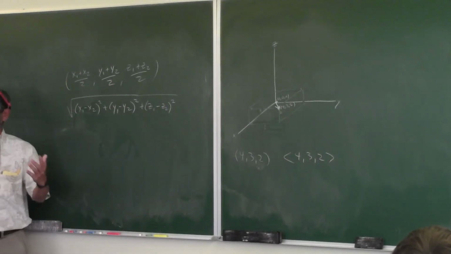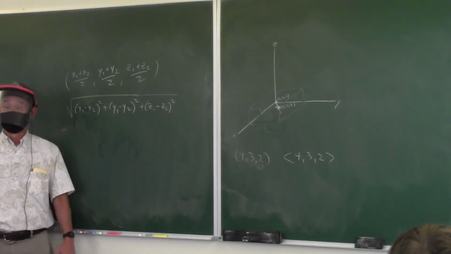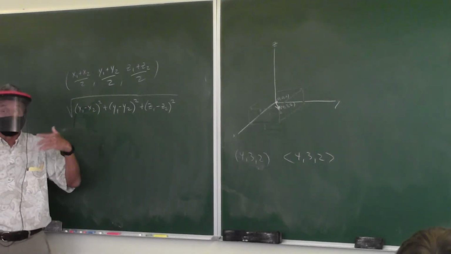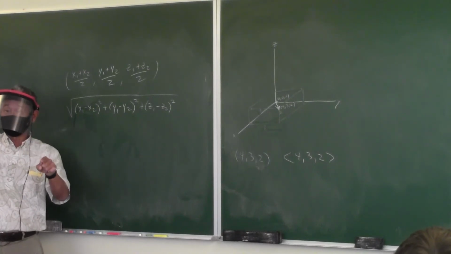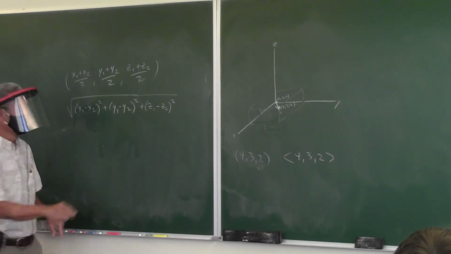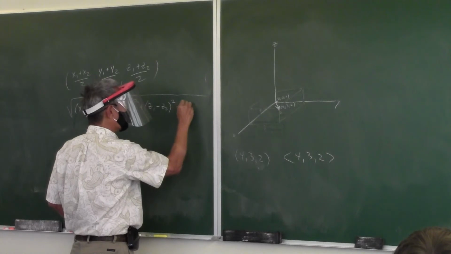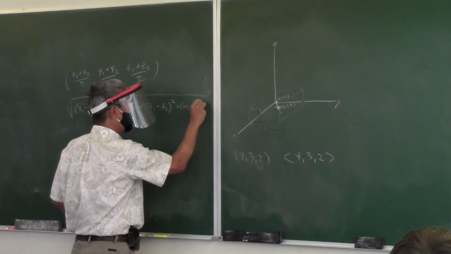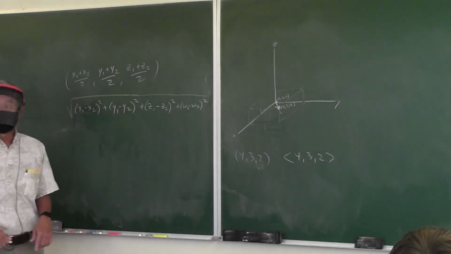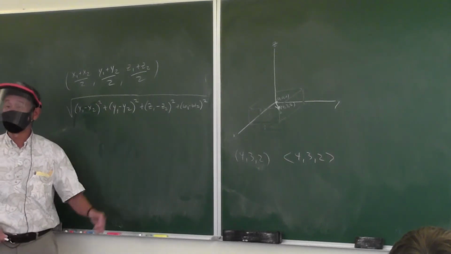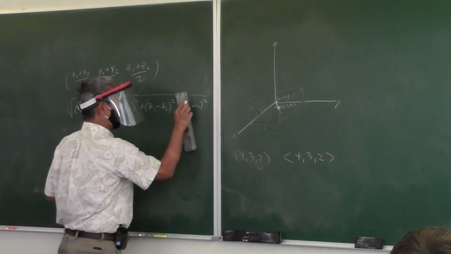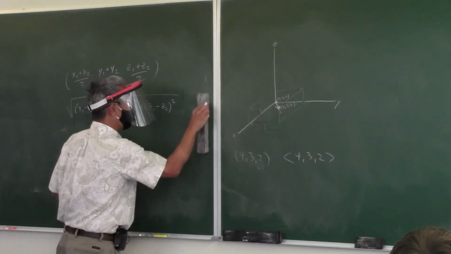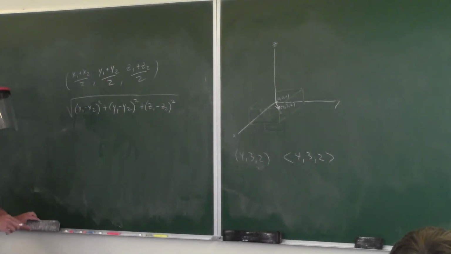And then what if you're in hyperspace, 4 dimensions? Even though you can't imagine it, you can still do computations. How do you find the distance between 2 points in hyperspace? Then you would just do this. There. Even though you can't imagine it, you can still compute the distance. You know what I'm talking about? Okay, but we don't want to explode your brain. So we'll just stay in 3 dimensions.